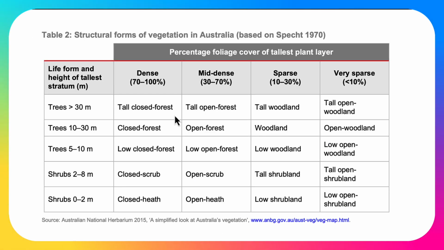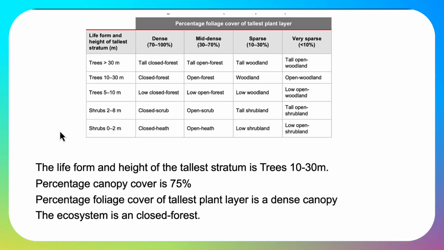So now that we've got trees 10 to 30 meters, and the foliage cover was between 70 and 100, so it's 75%, that means it's dense. So we're going to go through and join these two up, and we see that it's a closed forest. So let's see how we would express that. The life form and height of the tallest stratum is trees 10 to 30 meters.